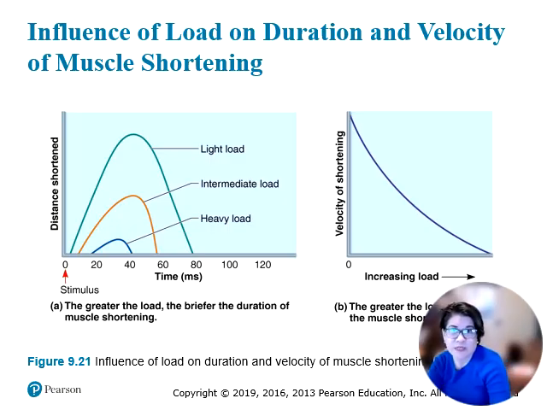So a heavy load, it's not going to shorten as much, and it's going to be shorter duration. And if you have a light load, like you're carrying an empty laundry basket, you're going to have a longer contraction, and it's going to be more shortened. And then if you increase the load, it's going to be slower as it gets heavier.